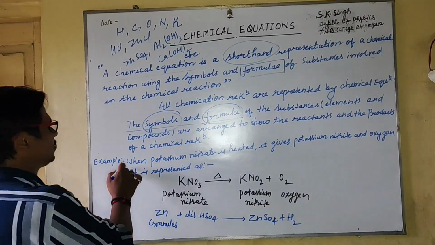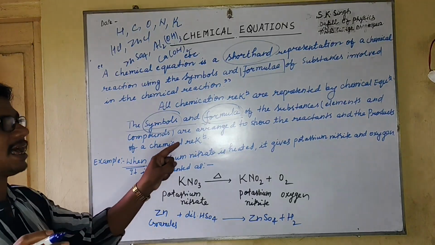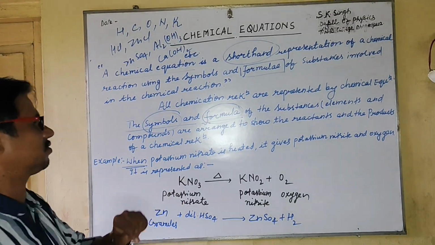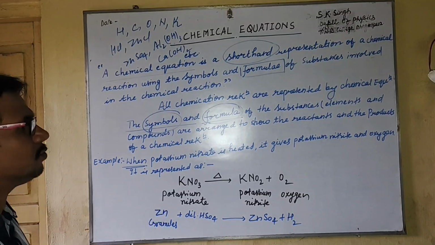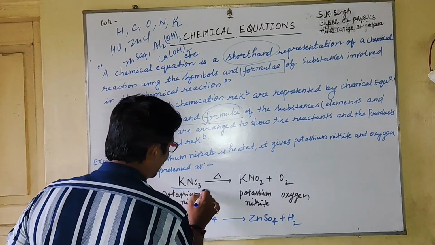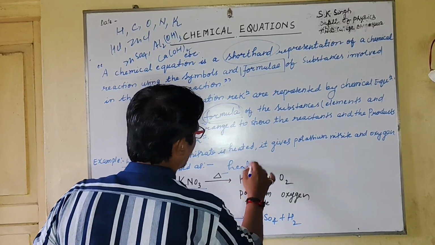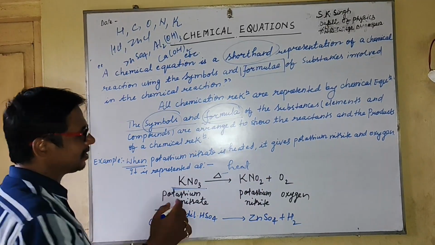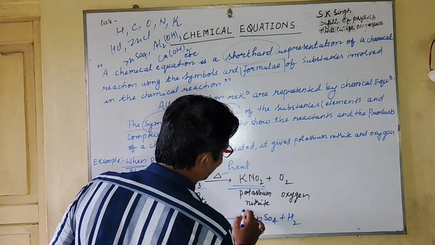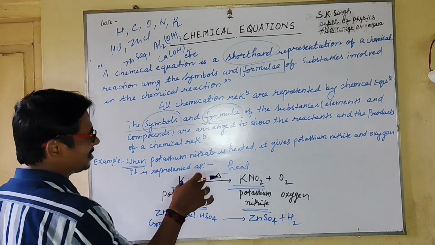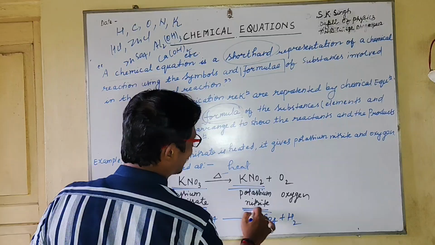Next, I will elaborate this with an example. When potassium nitrate, KNO3, is heated, it gives KNO2 and oxygen. Just see here, this is potassium nitrate, this is the symbol of heat, and when it is heated, it gives potassium nitrite. That is nitrite and that is nitrate, which is different: O3 is nitrate and O2 is nitrite.